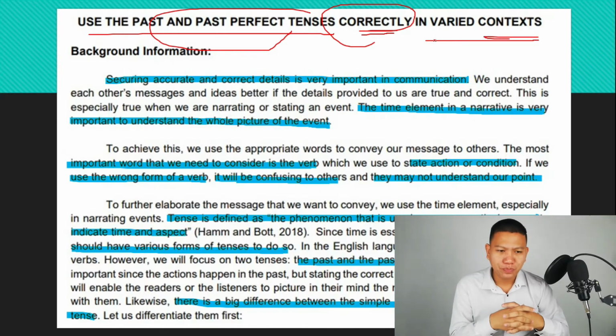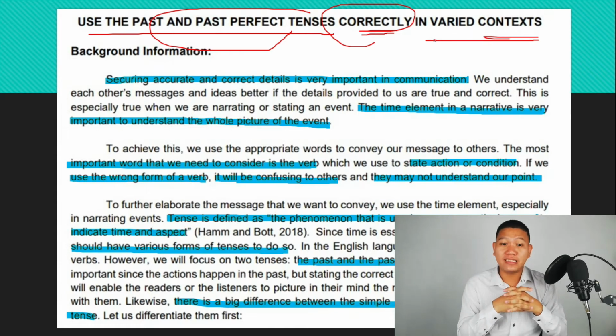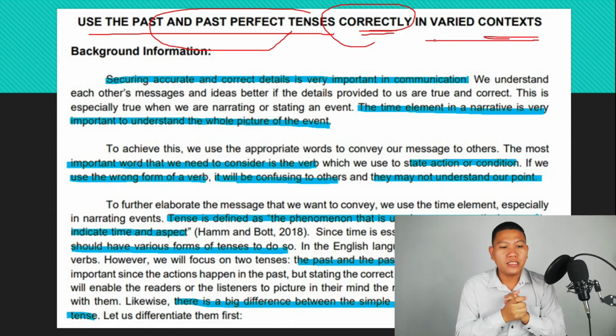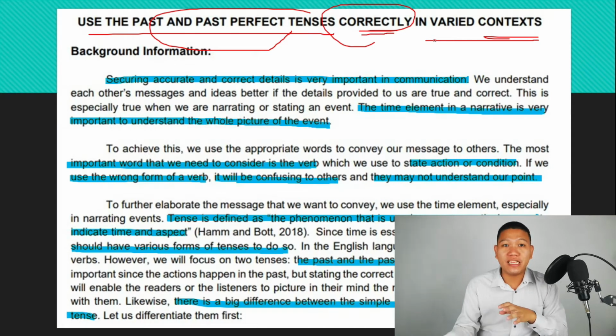It says here, securing accurate and correct details is very important in communication. Definitely. We understand each other's messages and ideas better if the details provided to us are true and correct. That's true. This is especially true when we are narrating or stating an event.